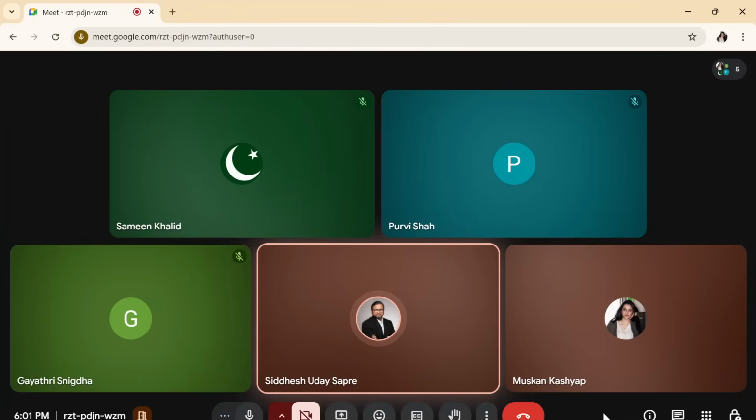Hello. So, I will introduce the members of the group. We have in our group Gayatri, Purvi, Samin, Paripurna, then Vaidehi, and myself.